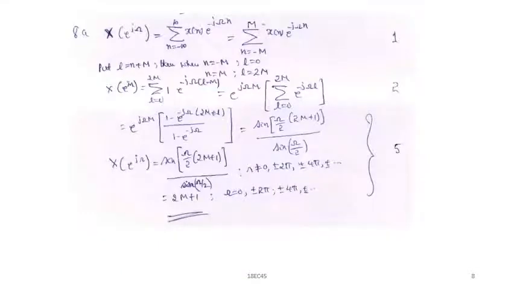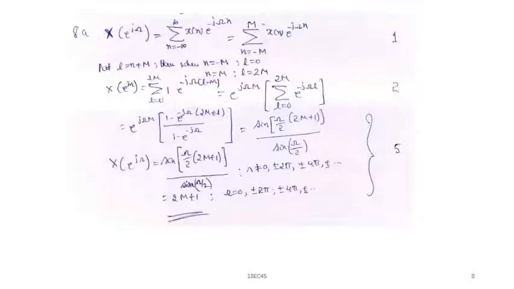Now 8a: x of n is given as 1 for magnitude of n less than or equal to M, and 0 otherwise. Find the DTFT of this. Use the DTFT equation.